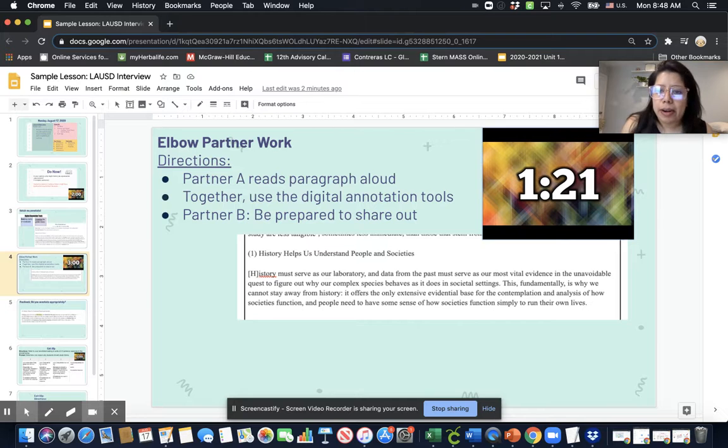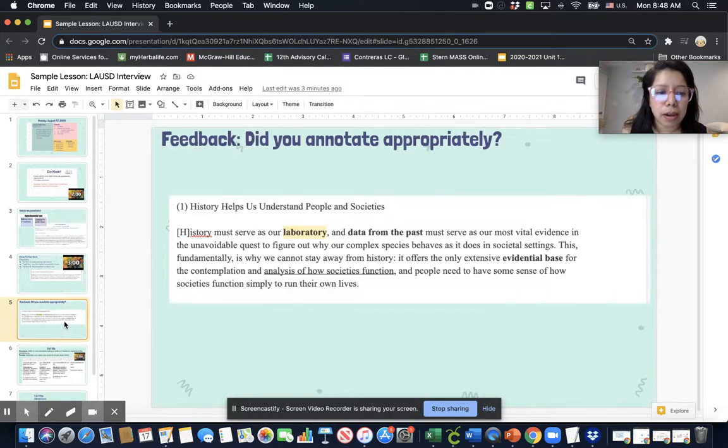All right, looking around, it looks like most of us have bold terms and golden lines. And you're checking in with one other person, right? Your elbow partner to see. I'm going to go ahead and actually move us along. All groups, all partners, I want you to take a look at my paragraph and what I bolded, what I underlined, and take a look at yours.